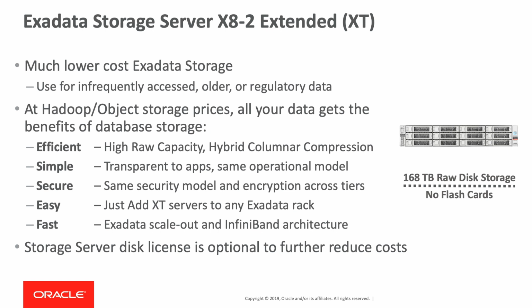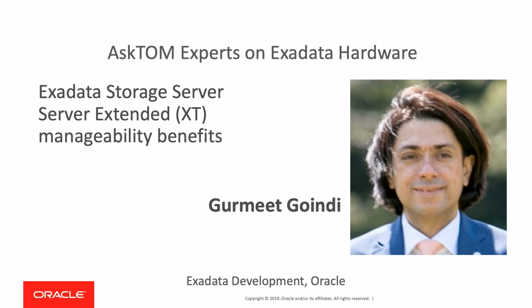I'll tell you one story. We went to this big stock exchange out of the United States, and the MD of the stock exchange said, I have 500 Hadoop servers running everything for this kind of data set. When I have to apply a Spectre and Meltdown patch, I have to upgrade 500 servers at the same time, and I still don't have a clear view of whether all these 500 servers are at the same patch level as I want them to be.